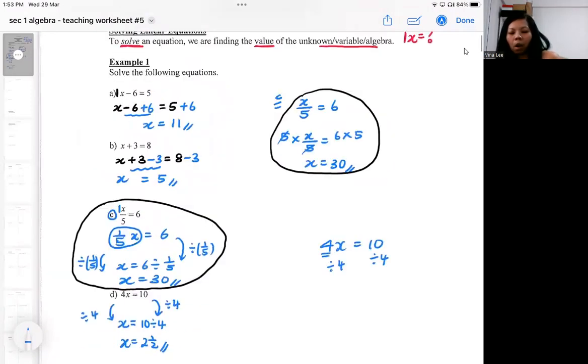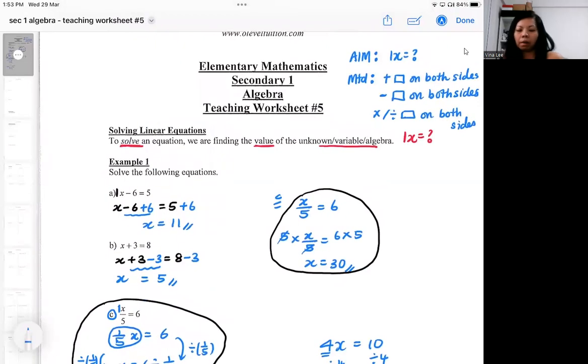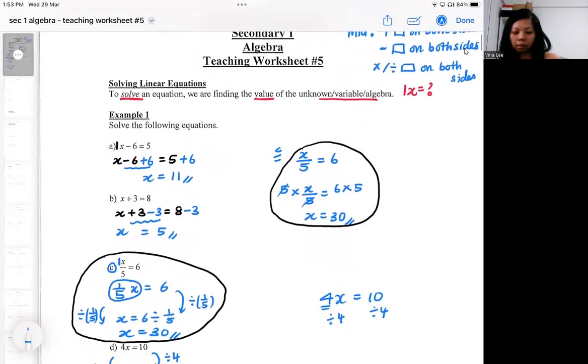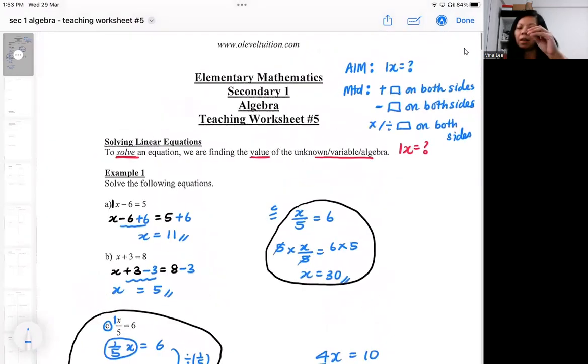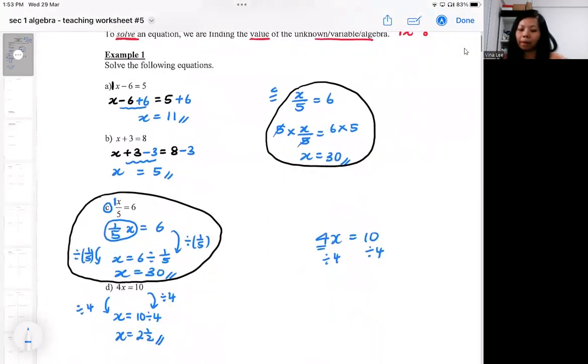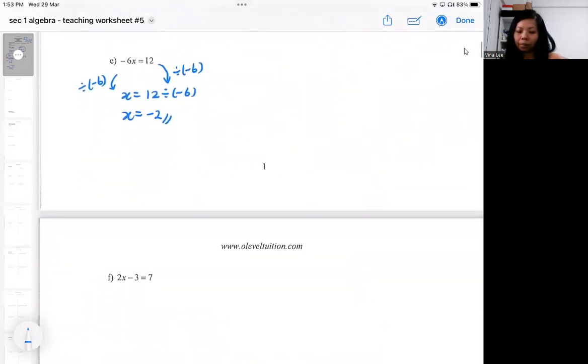So the methods are all about adding, subtracting, multiplying, and dividing something on both sides. So that will be the basic method.